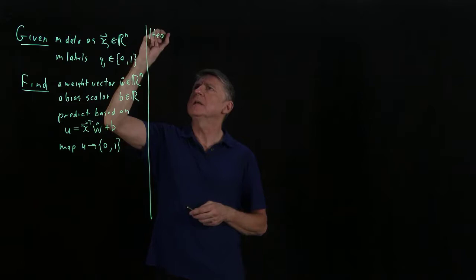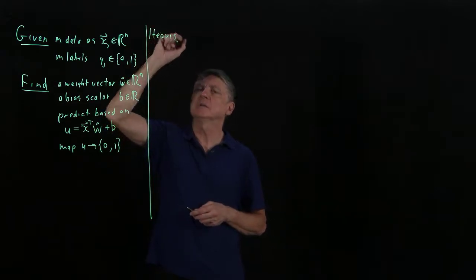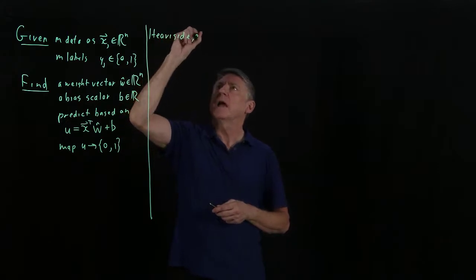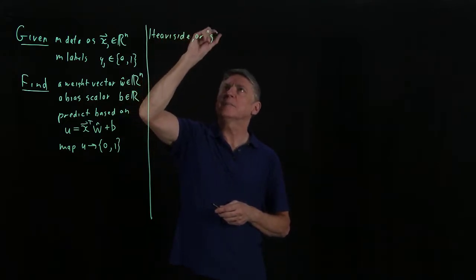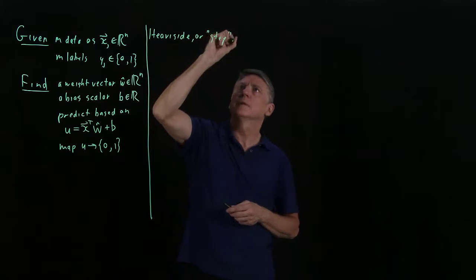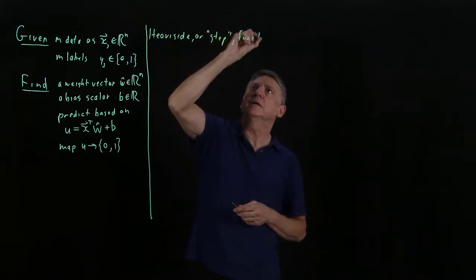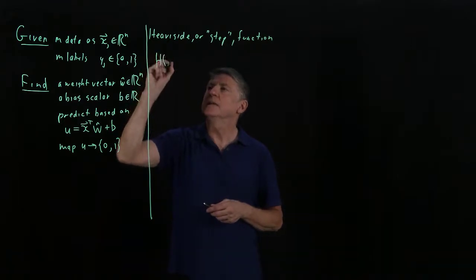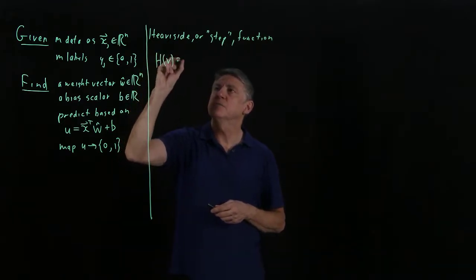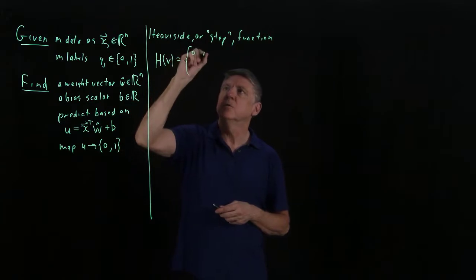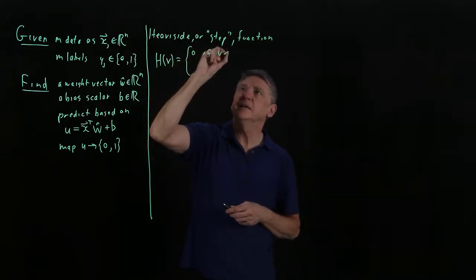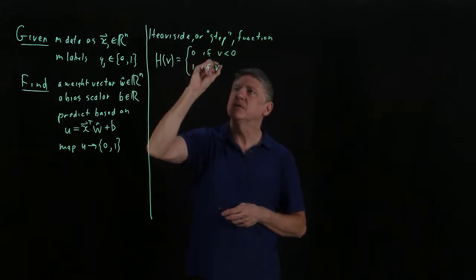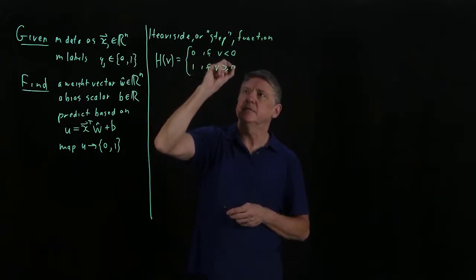This is named after the great mathematician, engineer, and physicist Oliver Heaviside, and it's sometimes called a step function. It is a straightforward definition: the Heaviside function of some value V is 0 if the value V is negative, and it is 1 if the value V is not negative.